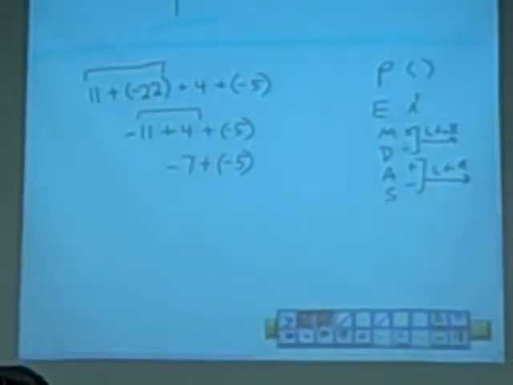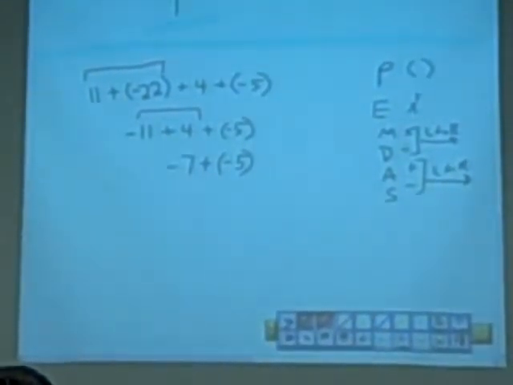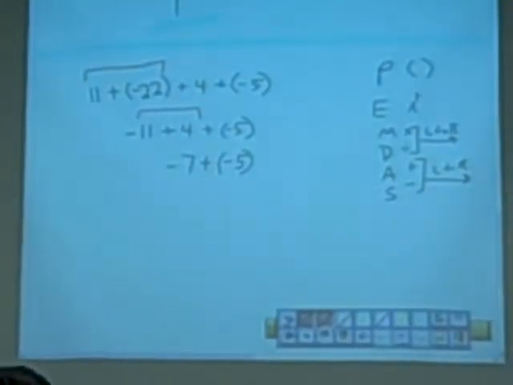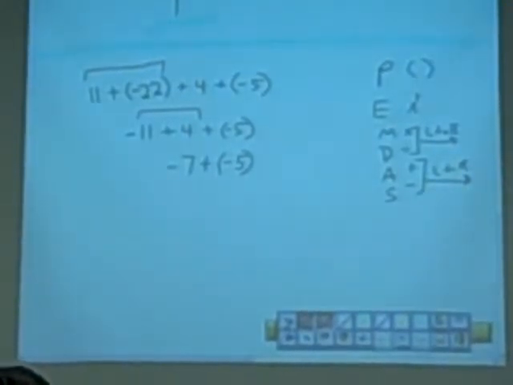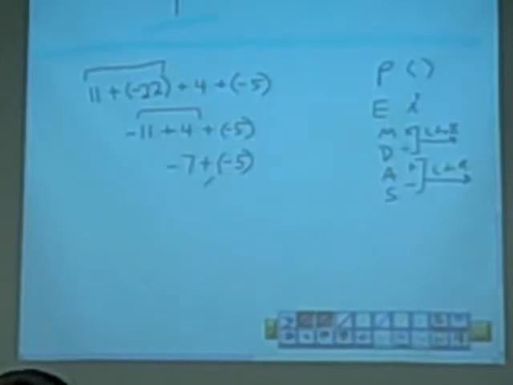See what I mean about being careful, because students a lot of times will get into that kind of single way of thinking, and then they see something, but they're really thinking something else. So you've got to watch that with addition and subtraction of integers. Okay, so now this last step, what are we doing? Adding negatives, right? And that's going to give us a what? Negative 12.